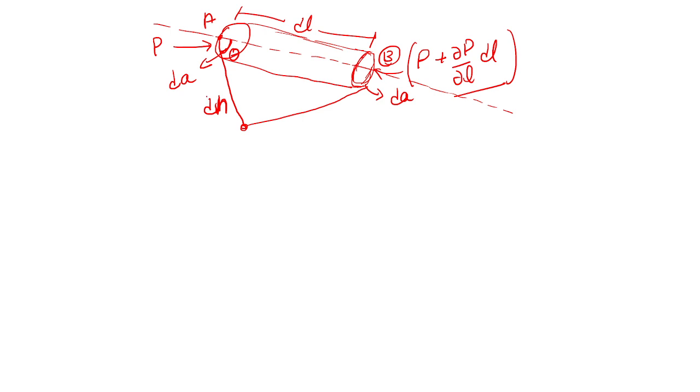Now one thing is remaining, that is its weight. Its weight will be mg downward, and we know that any force has two components. So here also the gravitational pull, the force because of earth's gravity, has two components. One component is along the direction of motion of the fluid, that is mg cos theta, and one is perpendicular to it.